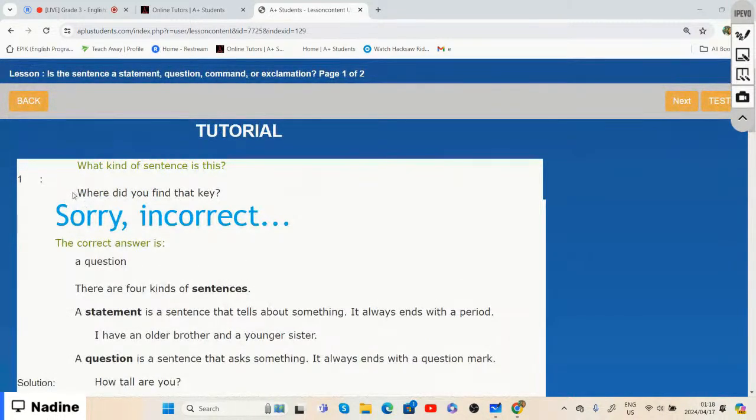Okay, if we look at the sentence over here, where did you find that key? Is that a statement, a question, a command, or an exclamation? We need to say what kind of sentence that is.